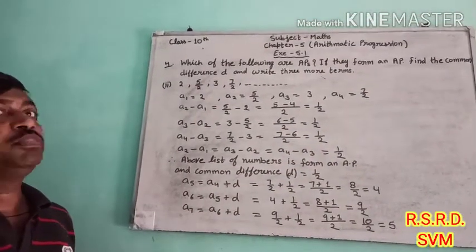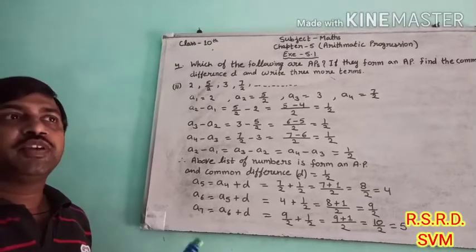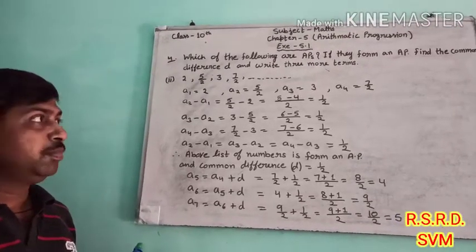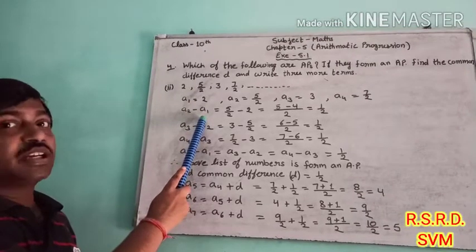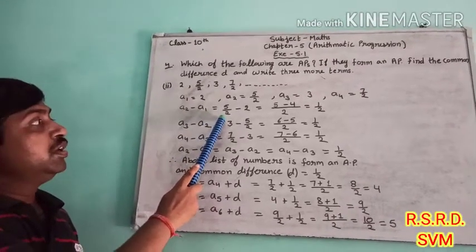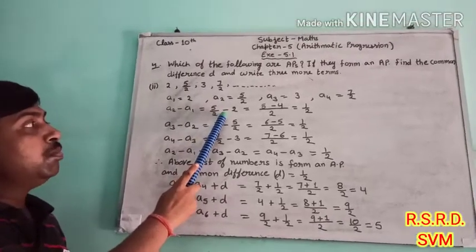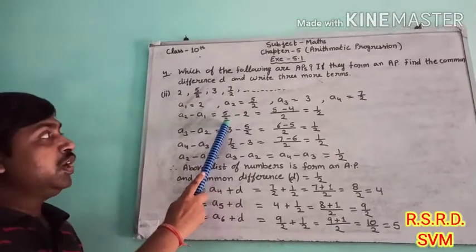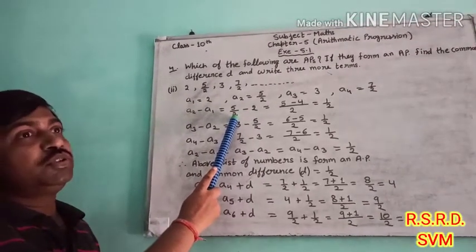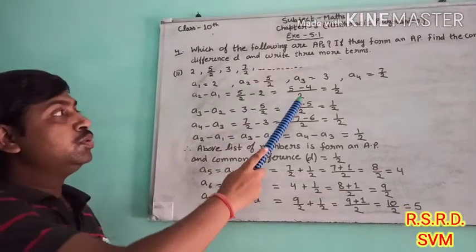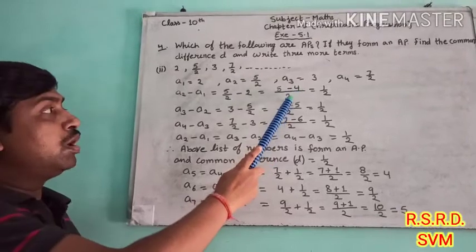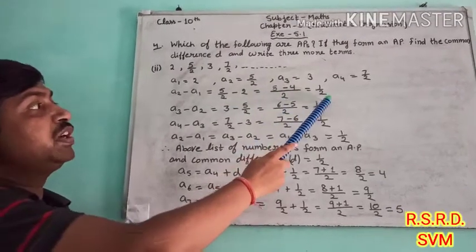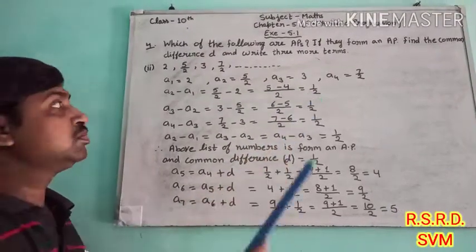So first we have to find the difference between two consecutive terms. First a2 minus a1, means second term minus first term, equal to 5 upon 2 minus 2. Here the denominator is 2, so we take LCM 2. We get 5 minus 4 upon 2, which is 1 upon 2.